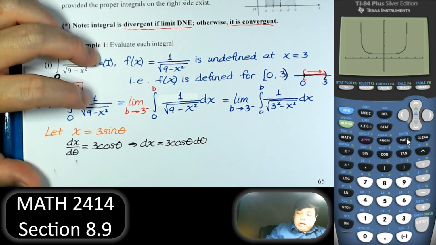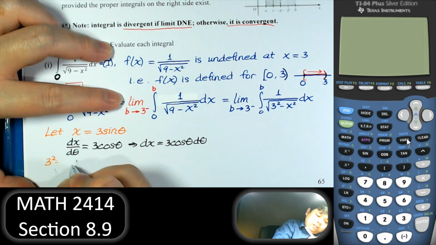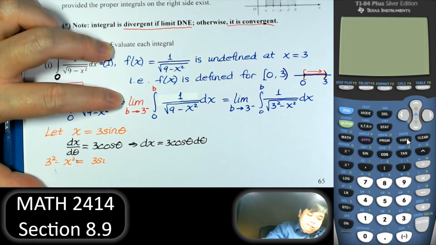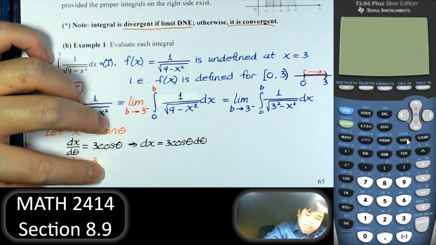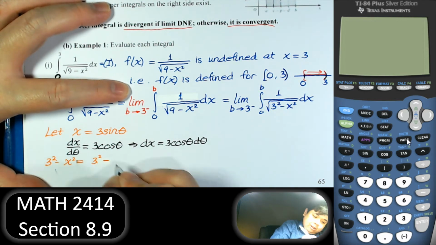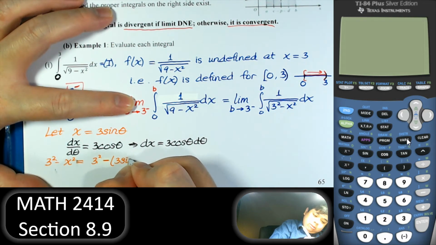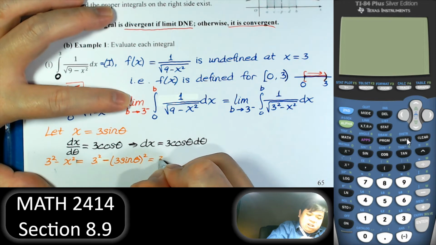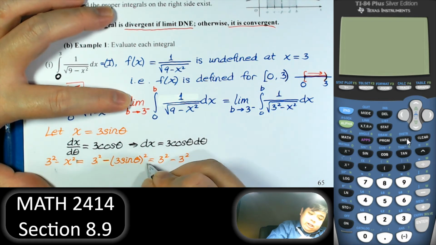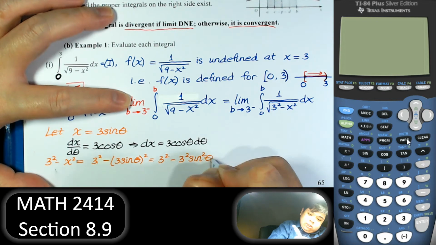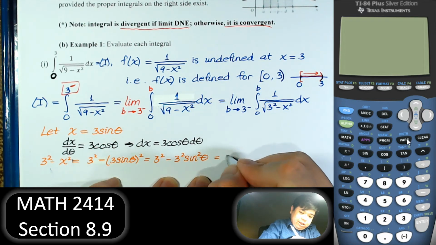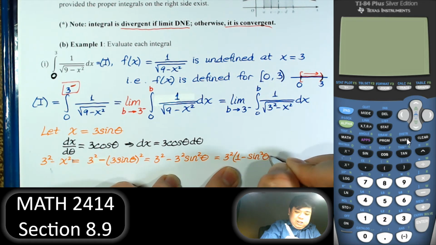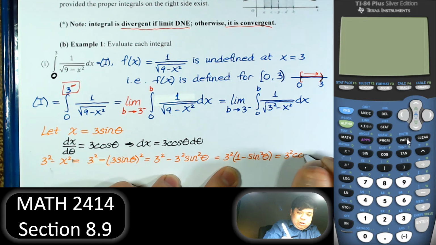And 3 squared minus x squared equals 3 squared minus 3 sine squared, that gives us 3 squared minus 3 squared sine squared. Factor out the 3 squared. Of course, that's just 3 squared cosine squared.